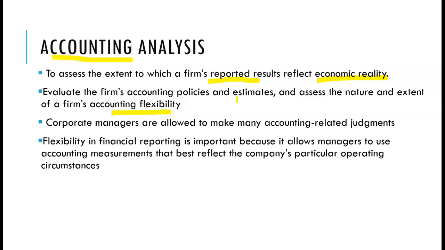So the alternative is given, and when alternatives are given, we call this accounting flexibility. So the corporate manager is actually allowed to make accounting related judgments. Why? Because the corporate managers are the people who know most about their firm's operations and financial condition.